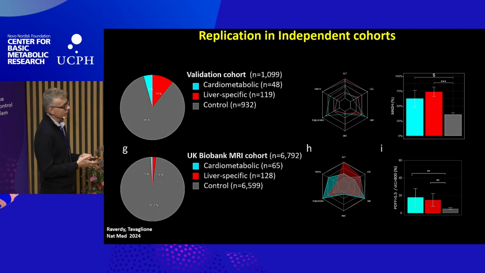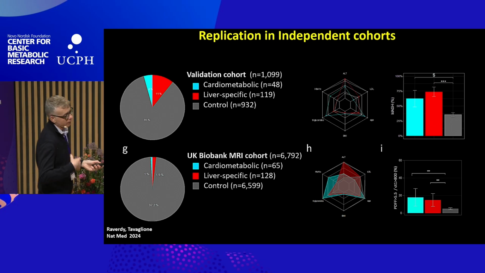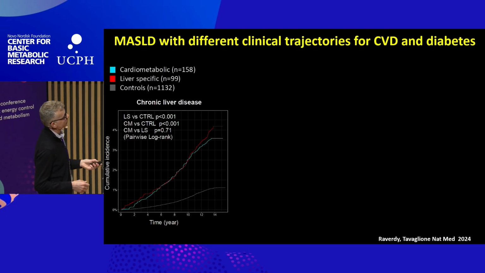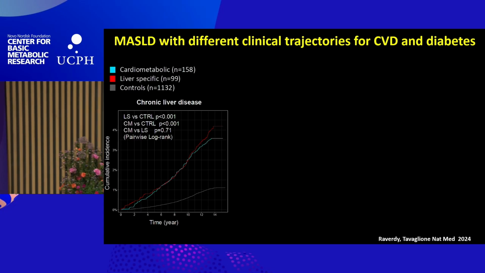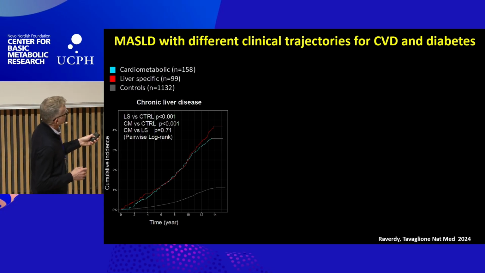So the question was, okay, we have different clinical phenotypes, if you want, same liver disease. Do they have also different or similar clinical trajectories? So first we look at the liver disease, and maybe not surprisingly, this is the red, I will point the red to you. So the 2 clusters were similar in liver disease.